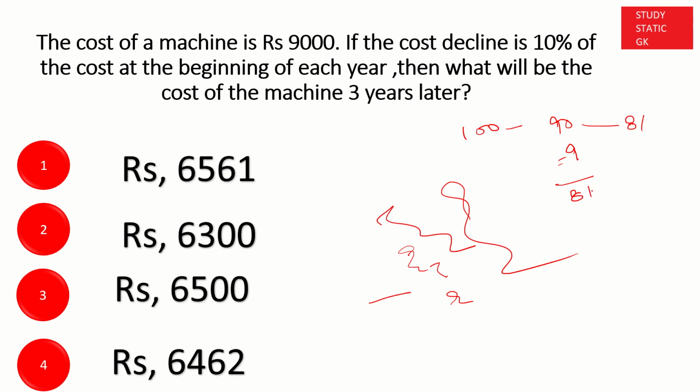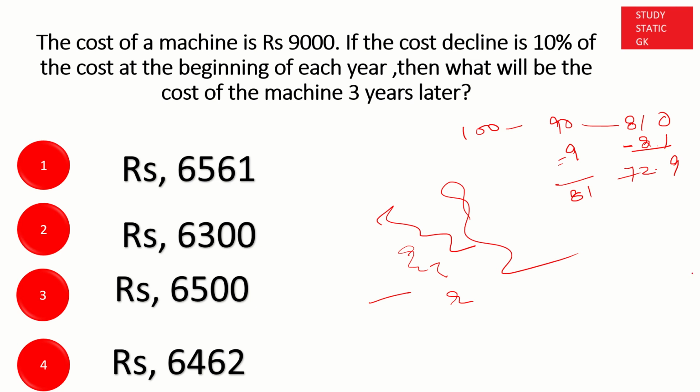At the end of the third year again 10% will be subtracted. So in 81 the 10% is 8.1.